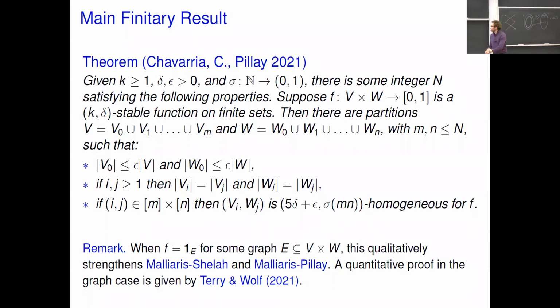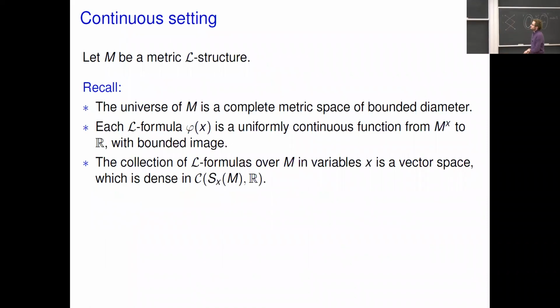All right, so I'm going to say a little bit then about the continuous setting in which we give the proof of this. So I'm not going to give a whole tutorial on continuous logic. So if it's not your cup of tea or you're not familiar, you can just sit back and enjoy some of the words or whatever. But all right, so let M be a metric L structure, and I'll just give some highlights.